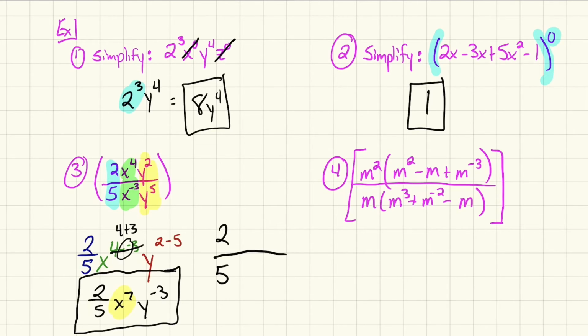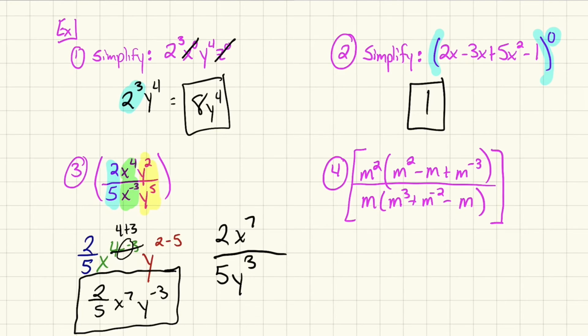Okay, the next thing that we look at is x to the 7th. Well, x to the 7th is a positive exponent already, so there's no need to rewrite that or do anything special there. We just put that x to the 7th on top, and then we look at our final term, which is y to the negative 3. And as we've talked about, when we rewrite those as positive, we have to write our fraction, but they go on the bottom of our fraction with a positive number.